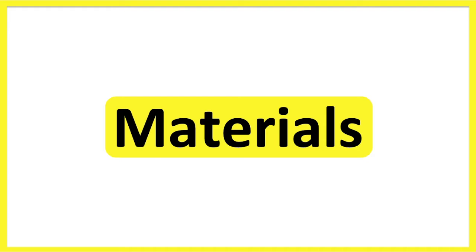In this video, we will learn about the 5 properties that materials can have: hardness, solubility, transparency, conductivity of electricity, and conductivity of heat. Remember that some materials can have only one of these properties, or they can have more than one.